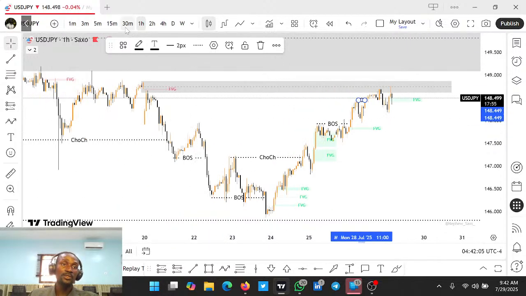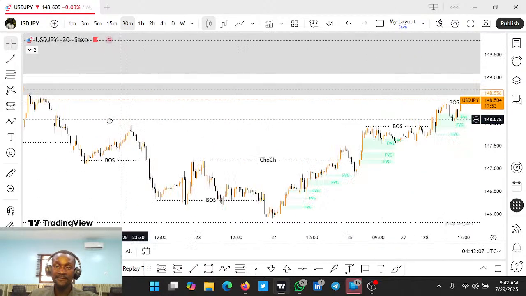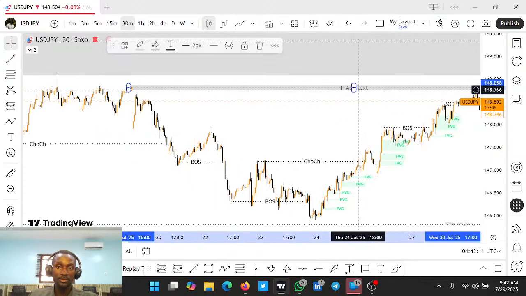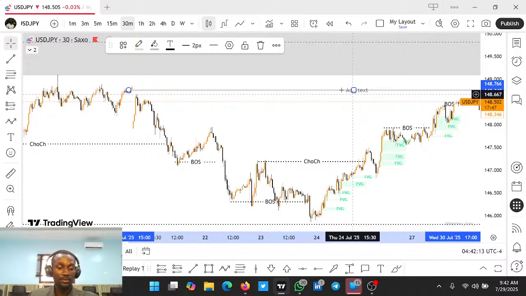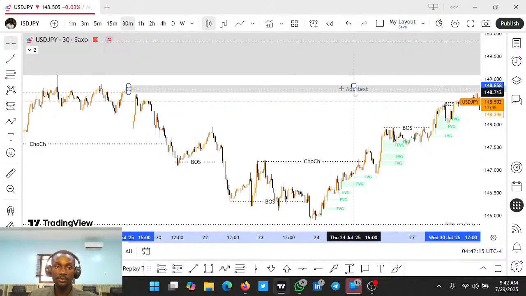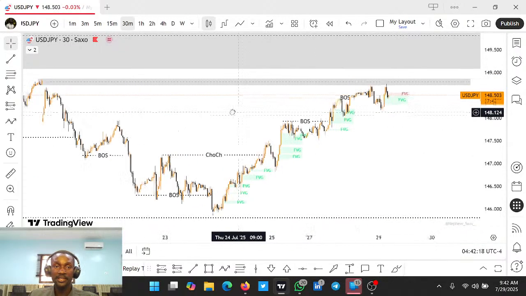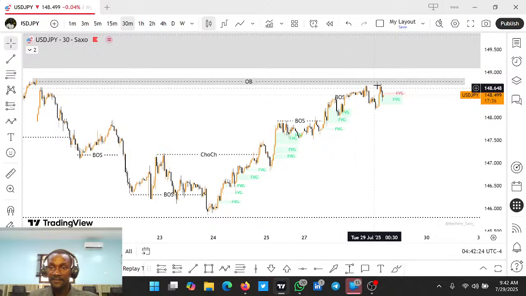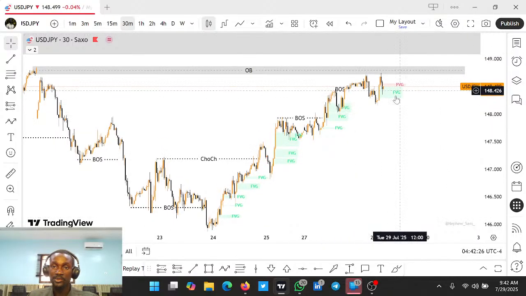Okay, now let's go to 30 minutes. Can we still refine the zone? Yes, we can still refine the zone. We can still refine the order block, and price has currently tapped into it, right? And it's dropping.